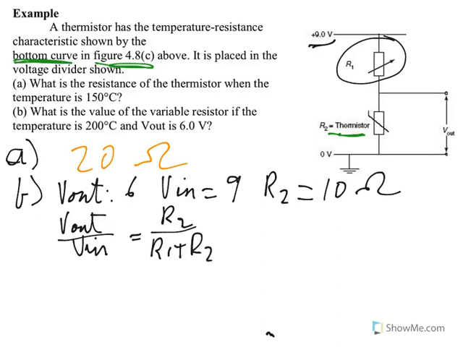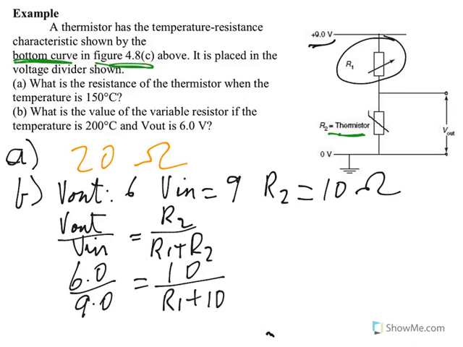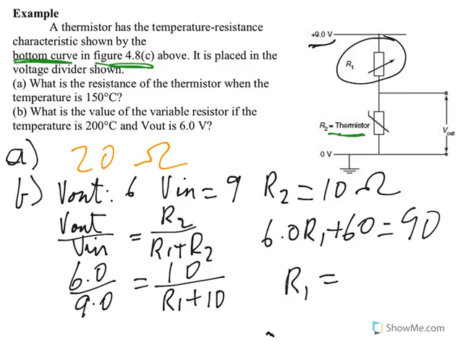Put in the information: we want 6 out, we've got 9 in, R2 is 10, R1's what we're after. Multiply both sides by R1 plus 10 and by 9, and then you get 6 lots of R1 plus 60 equals 90. Take 60, divide by 6, and you find that your variable resistor has to be set at 5 ohms to get what you want.